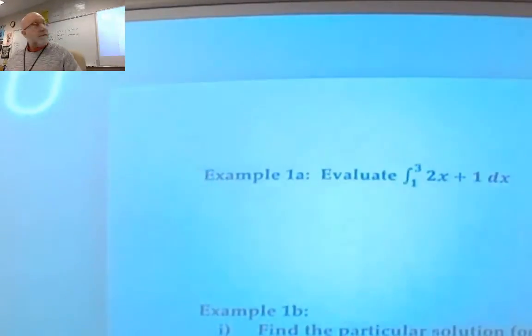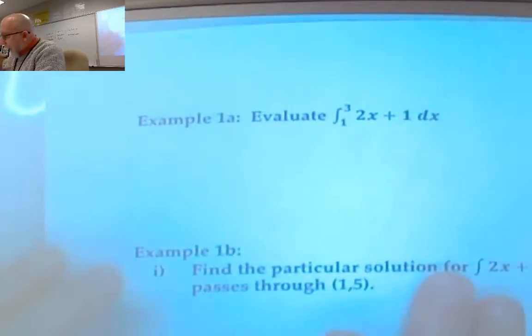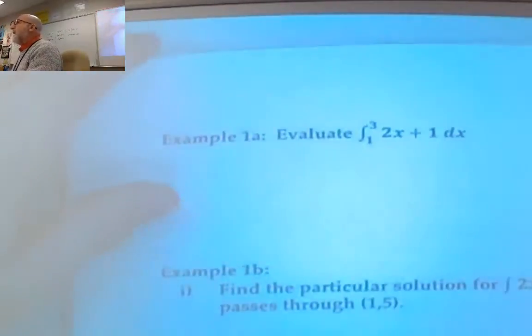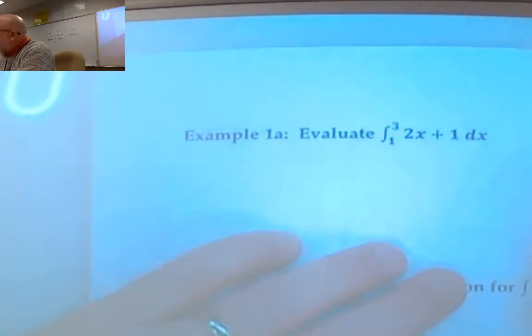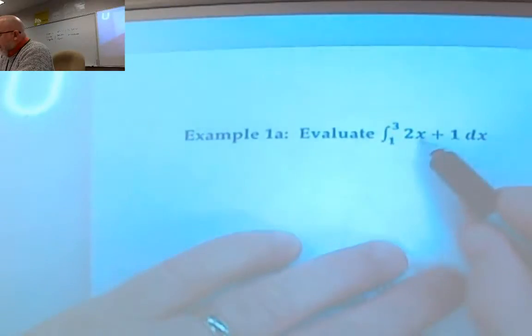Sawyer, right now, how would we evaluate that? How would you do that if I gave you an answer and let's say this is on the AP test? And at this moment, all you know is you have to figure out the area underneath the curve. And you could do, let me draw a picture, okay? If I put 1 in there, I'm at 3.